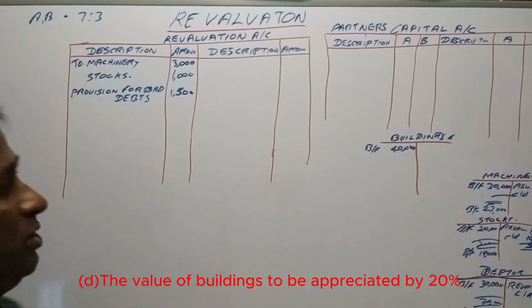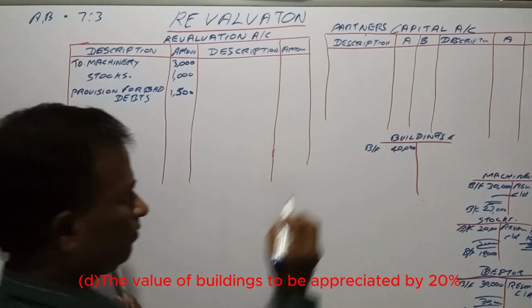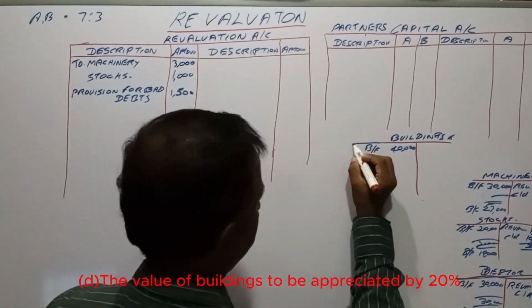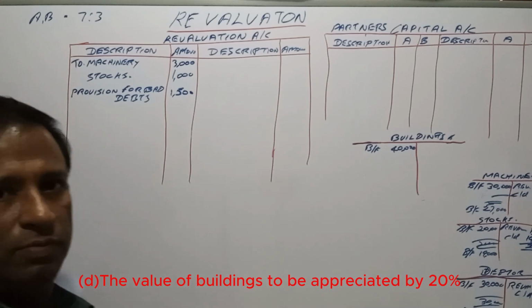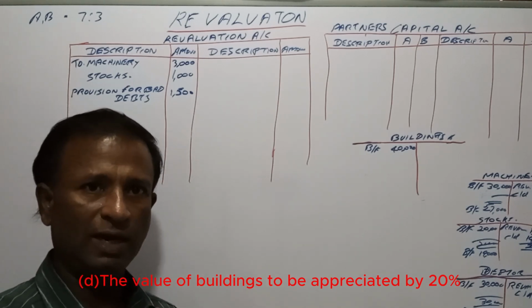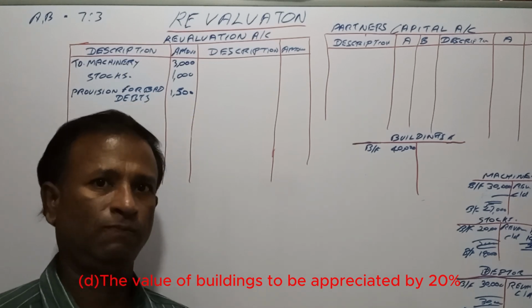Buildings are to be appreciated by 20%. Normally assets are depreciated, but buildings and land will appreciate. Land will always appreciate.